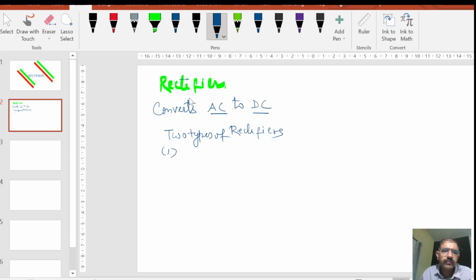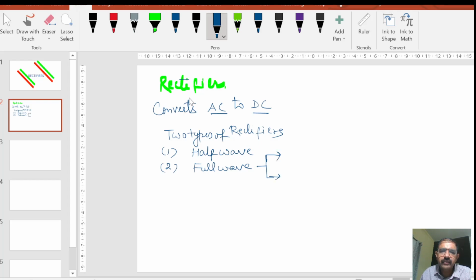First is the half wave rectifier, and second we are going to discuss the full wave rectifier. Again, full wave rectifiers are divided into two parts.